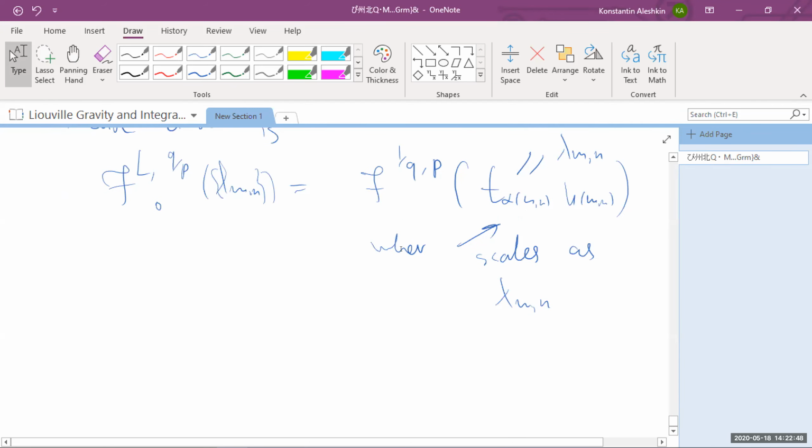So in other words, we perform the coordinate change T alpha k is equal to lambda m of alpha k n of alpha k in the right hand side, where they scale the same.